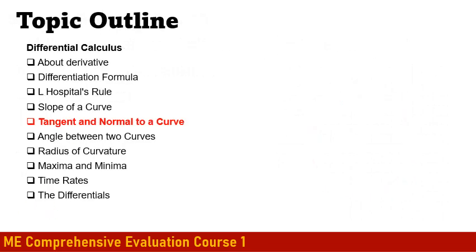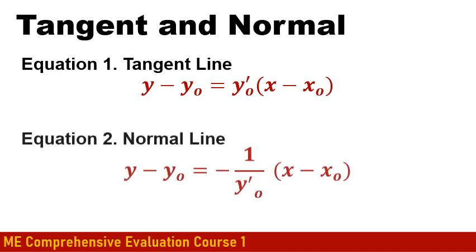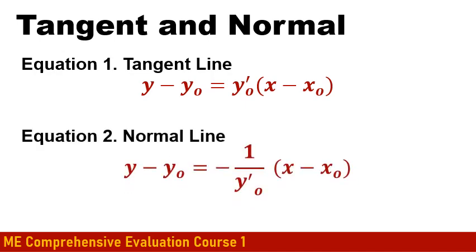Then we have the tangent and normal to a curve. The equation of the tangent line is defined as y minus y sub 0 equals y prime sub 0 multiplied by x minus x sub 0. For the normal line, or the line that is normal to the curve at that point, it is y minus y sub 0 equals negative 1 over y prime sub 0 multiplied by x minus x sub 0.